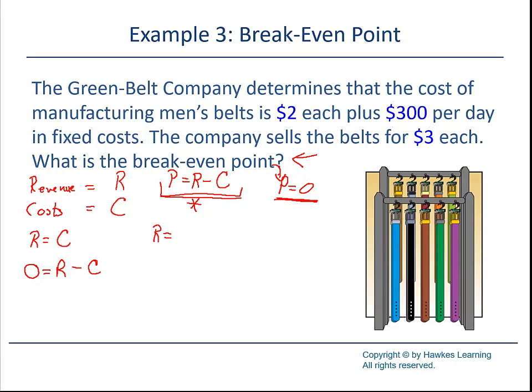The revenue. So if we're selling the belts for $3 each, and we sell X of them, it's not too hard. Play around with it a little bit. So for example, let X equal the number of belts sold.